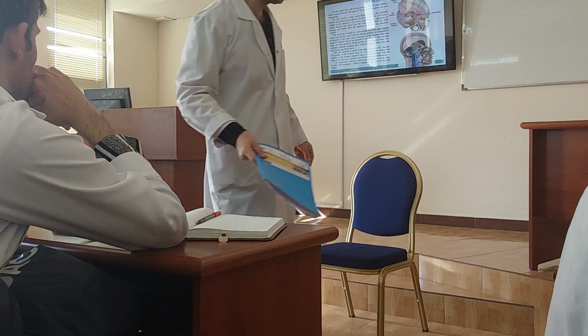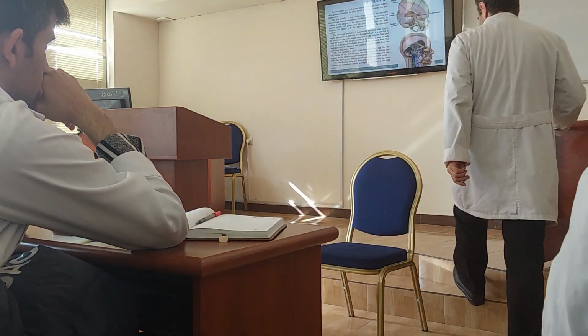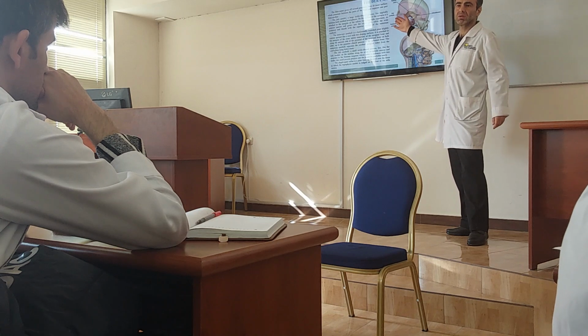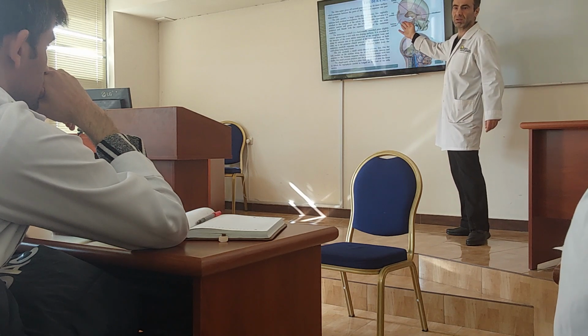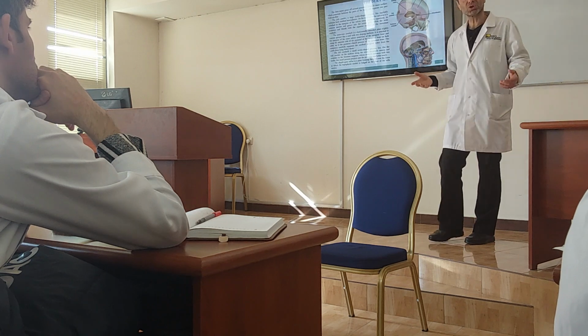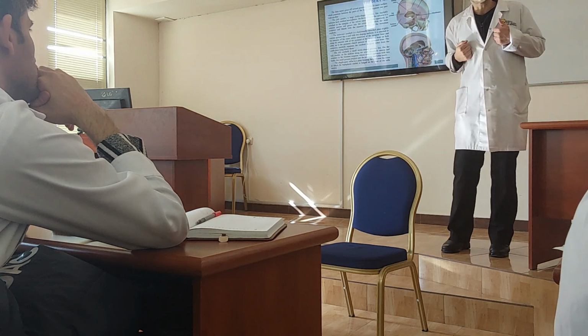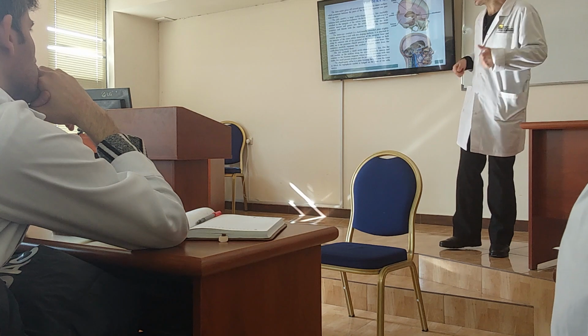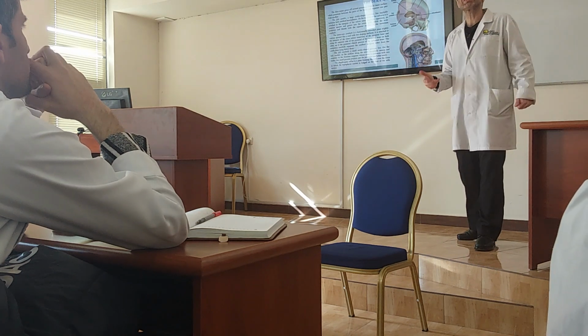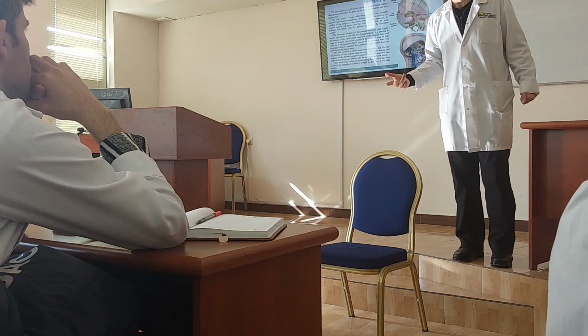You can see in this picture the most important processes of dura mater, for example that one, or this one, or that one. And if you look attentively, you will see inside of these processes some blue structures. That is the venous sinus.